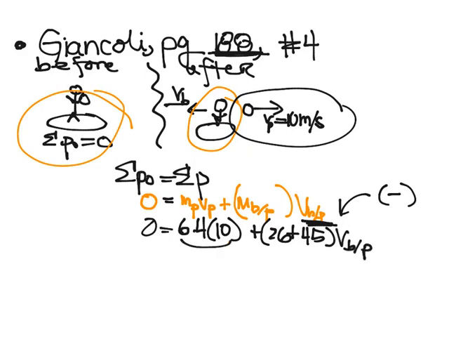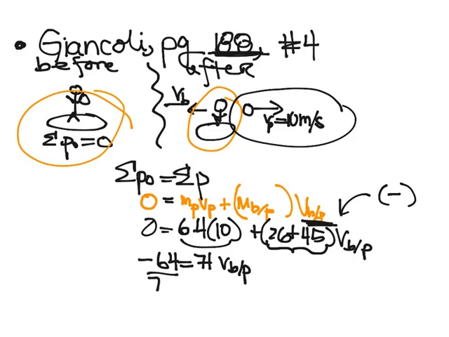Okay, so obviously this multiplied together will be 64, and I'm going to subtract 64 from both sides to get negative 64 is equal to, when I combine 26 and 45, I end up with 71, so negative 64 is equal to 71 times v boat person.